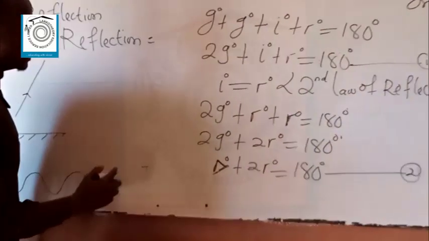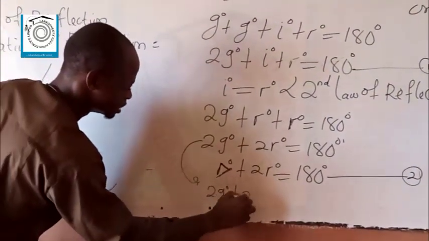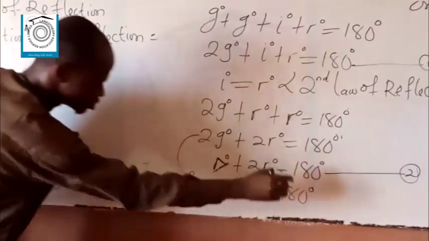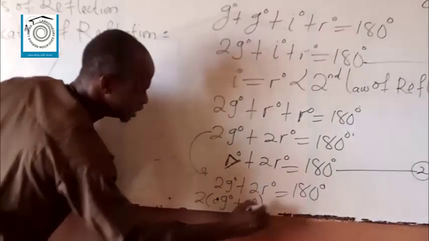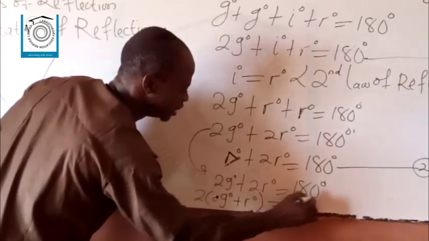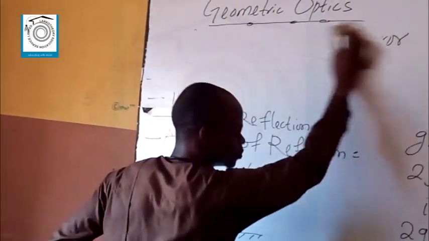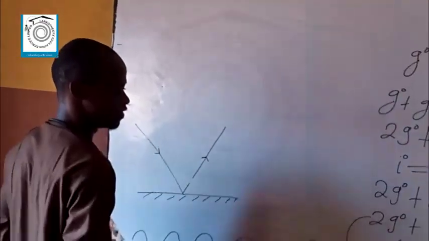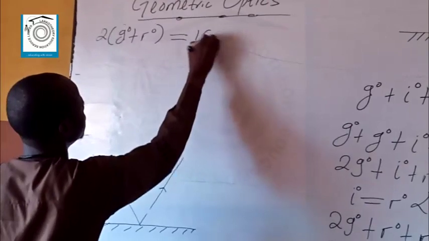And similarly, from 2G degree plus 2R degree equal to 180 degrees, what is common here? 2 is common. So we have 2 into bracket of G degree plus R degree equal to 180 degrees.